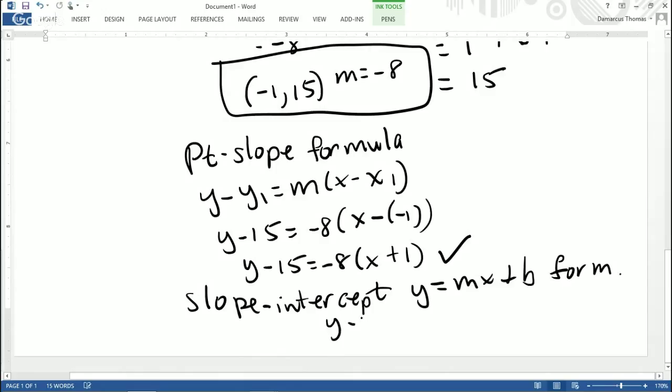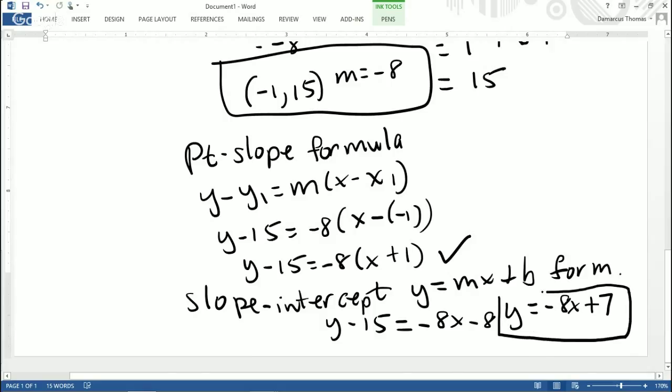I get y minus 15 is equal to -8x minus 8. And then when you bring over that 15, we're getting y equals -8x plus 7. And there you have it. That is the equation of the line that's tangent to the graph at x equals -1.